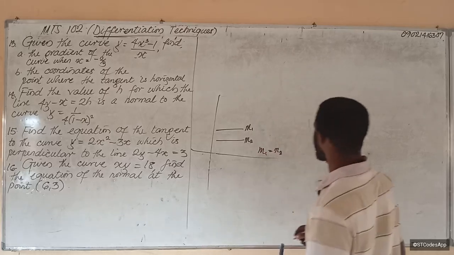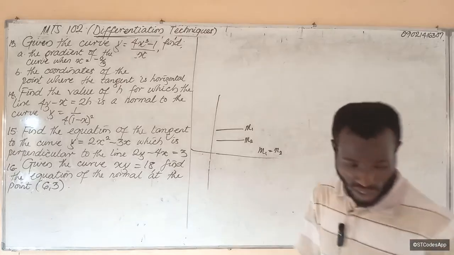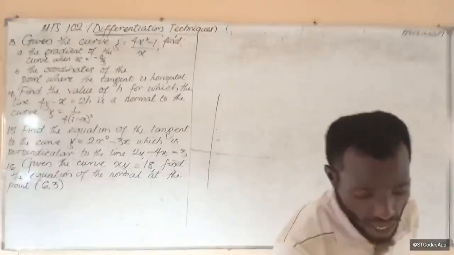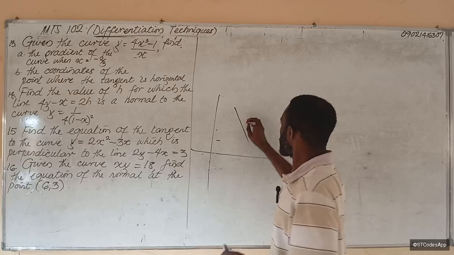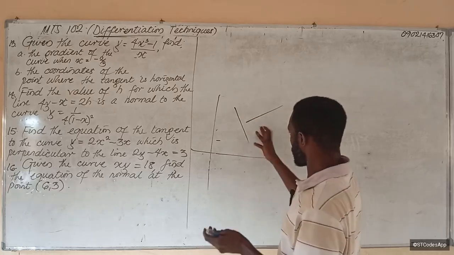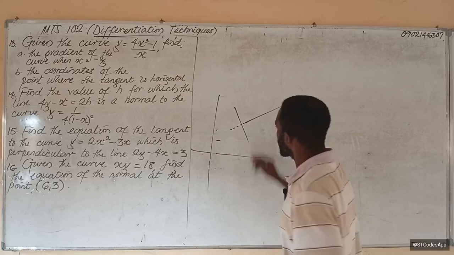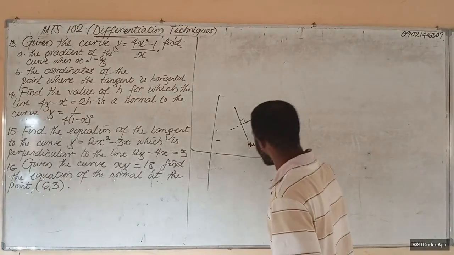But if two lines are perpendicular, still using my coordinate system, I have two lines, one like this, and the other is perpendicular to it. They don't have to touch to be perpendicular. Look at the orientation, you see that they are perpendicular. This is 90 degrees.